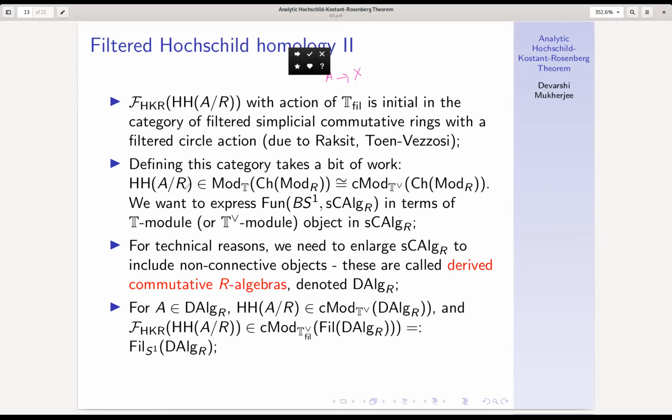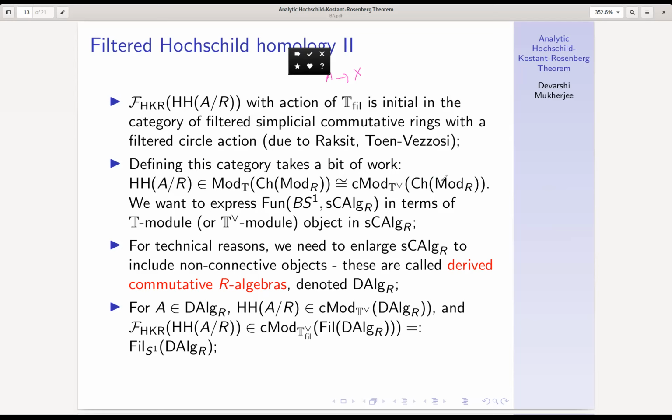This thing is sitting inside T modules over R, into chain complexes of R modules. Now, this is a Hopf algebra, a bicommutative algebra, and it's also dualizable. So this is the same thing as co-modules inside the dual of it.